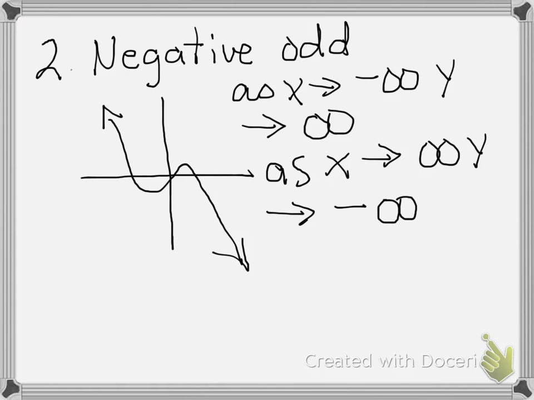So they still go opposite directions, and that's the key issue with being an odd function, is that the end behaviors go opposite of each other. If it's positive, it has a positive slope. If it's negative, then the overall function has a negative slope. So if you look at this thing, okay, generally it has a negative slope.